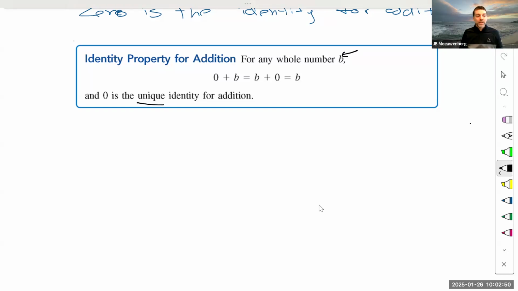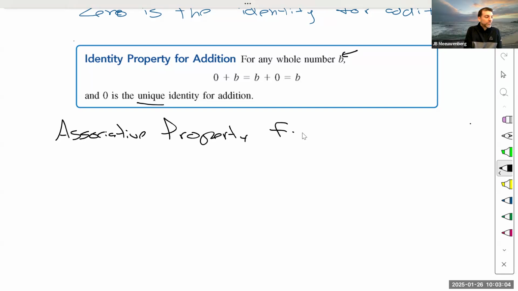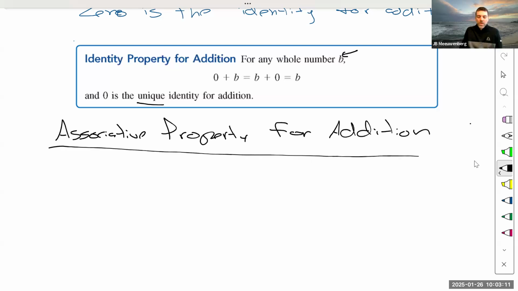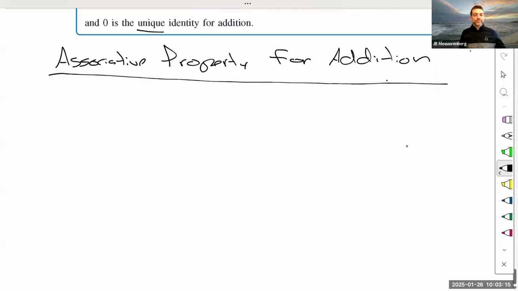The next property that we're going to talk about is called the associative property for addition. And if we just think about the word associative, I often think about, who do I want to be with?